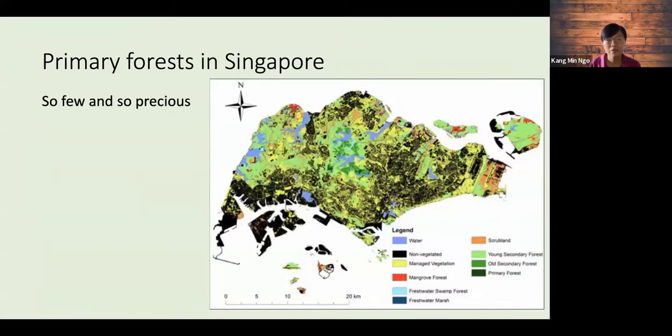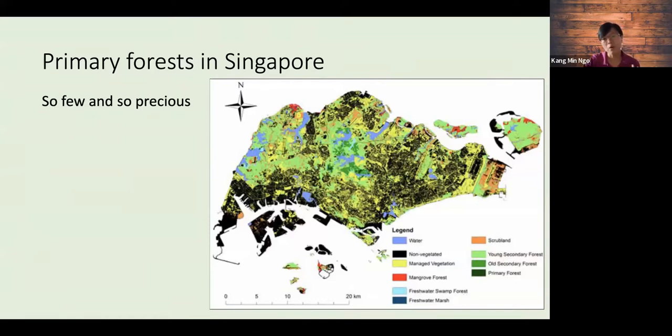So if you look at this map, primary forest, look at the legend, is the darkest green. If you match the color on the legend to the map, you will find that we have the biggest patch of continuous primary forest in Bukit Timah Nature Reserve, and that's why it's so precious.